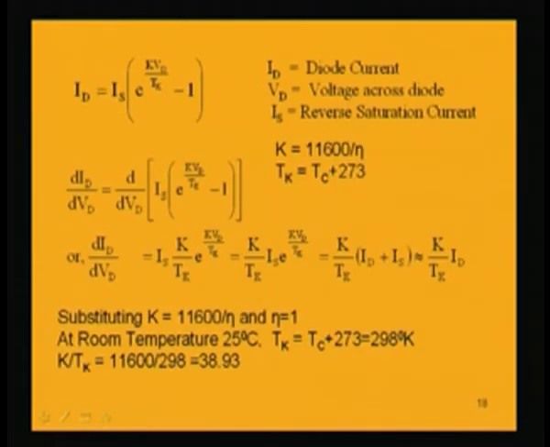So, in order to find out the dynamic or AC resistance of this diode, we will be starting with the basic equation of the diode, ID is equal to Is into e to the power kVd by Tk minus 1. The symbols: ID is diode current, Vd is voltage across the diode, Is the reverse saturation current, and K is 11600 by eta, eta being the value 1 or 2.